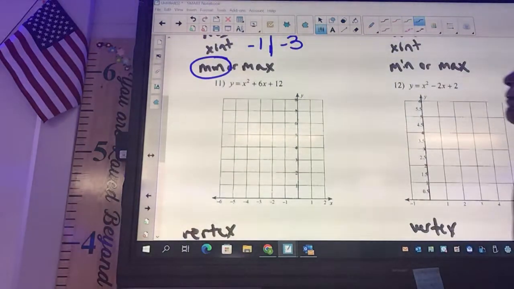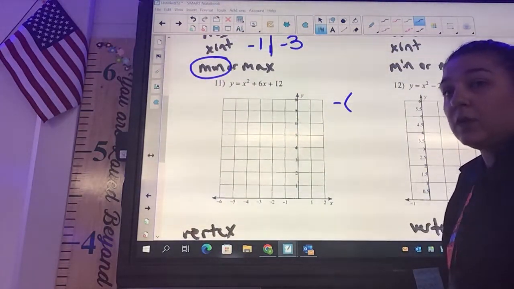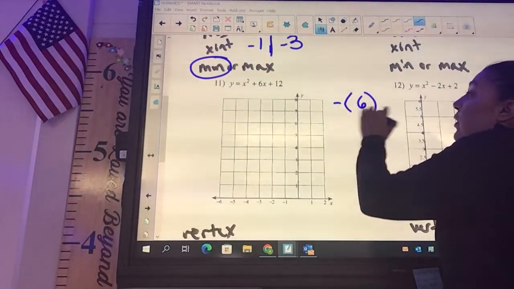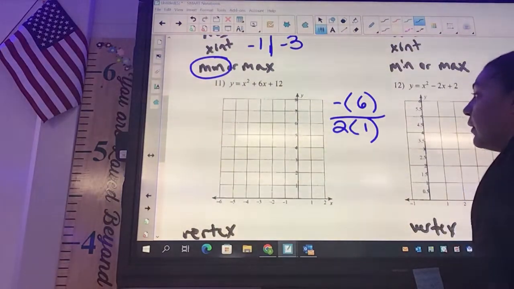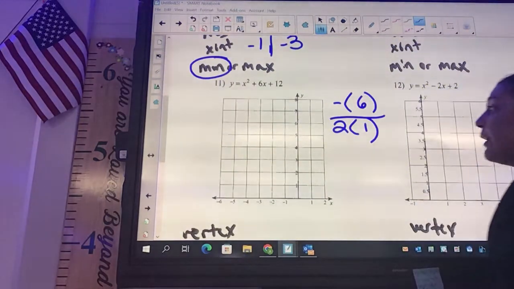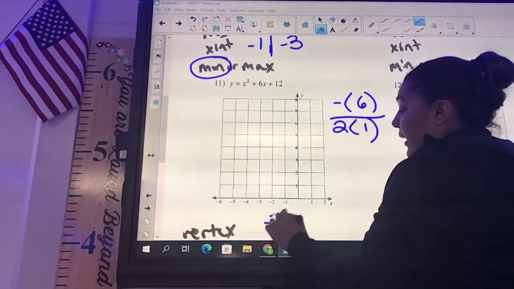Okay, 11. We got negative. What is our b? Okay, our b is 6 over 2, and my a is 1. Okay, take a second, type that in. You should get a negative 3.